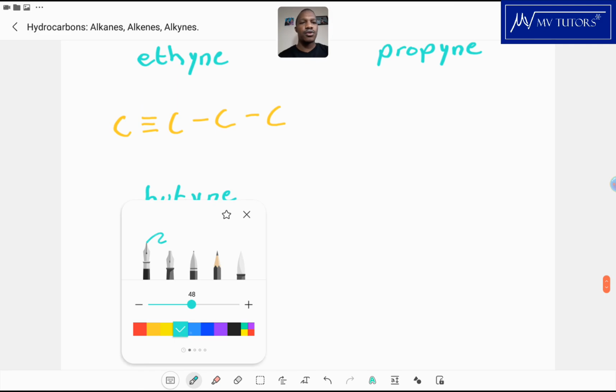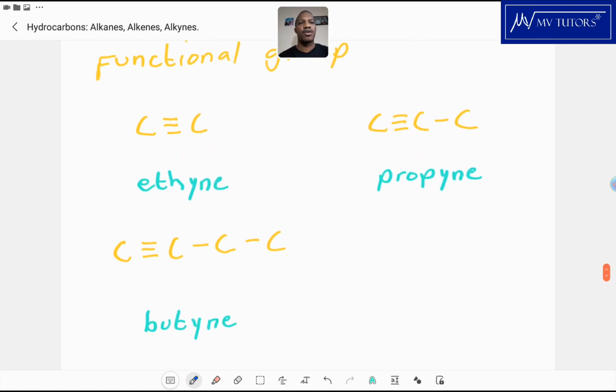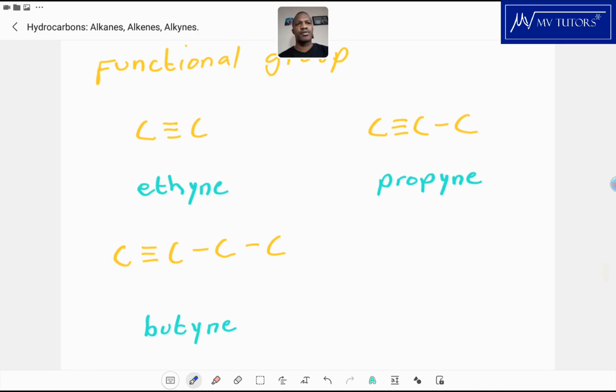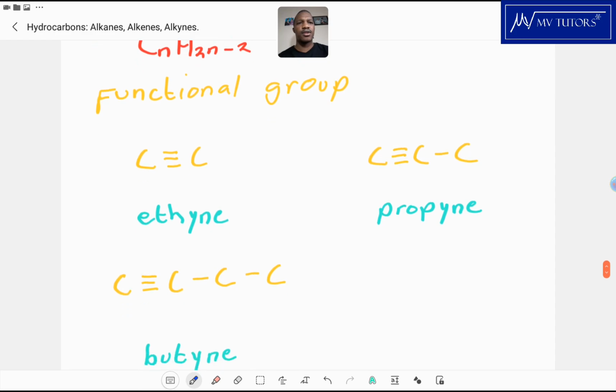Now we need to complete the structural formula. So this is how you do it. Let's start with these ones. Each carbon must have 4 bonds. So we've got 1, 2, 3, 4 bonds, rather. So you just need to add 1 more, even this side.